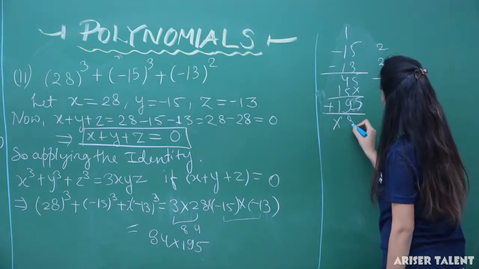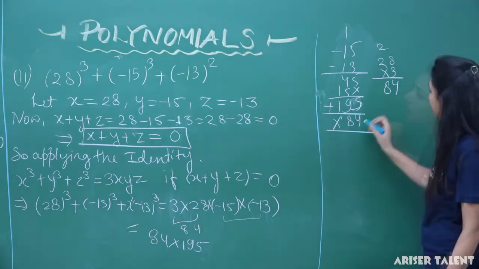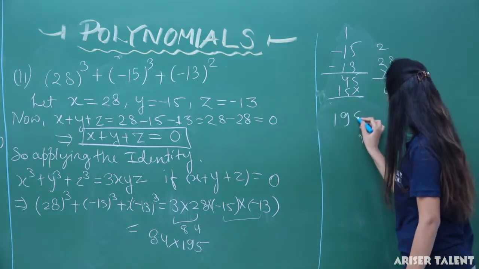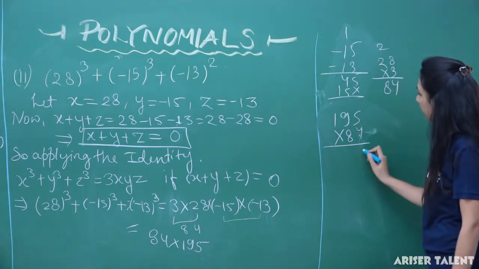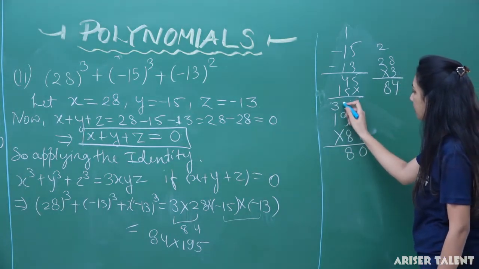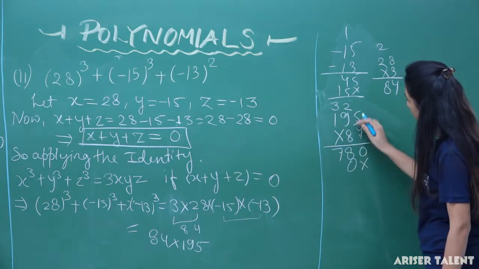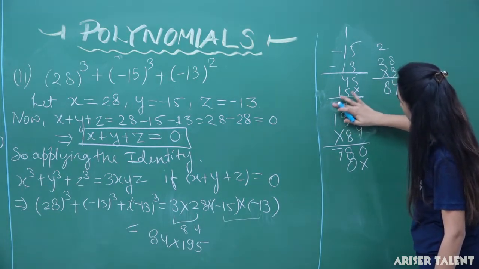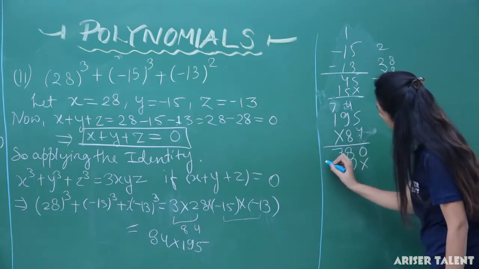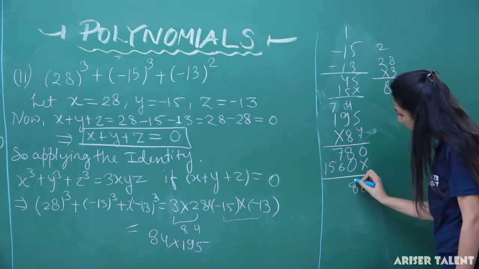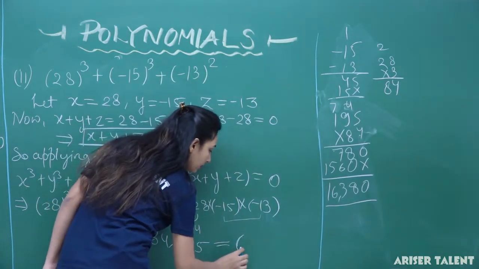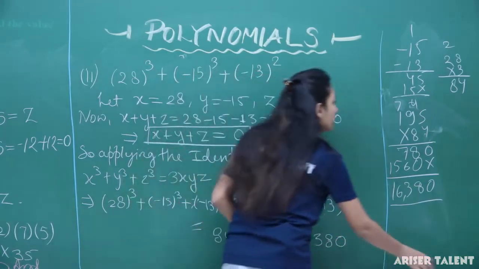Now again 195 multiplied by this 84 will give, it is being a little messy, so we will have this 195 multiplied by 84 here. 4 fives are 20, 4 ones are 4, 5, 6, 7, 40. 8 fives are 40, getting 4 here. 8 ones are 8, so that will be 0 here, and that will be 16380, and that will be your answer, student.